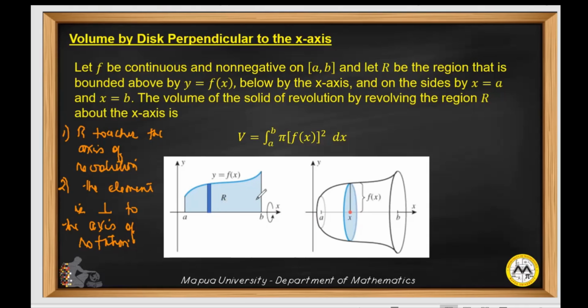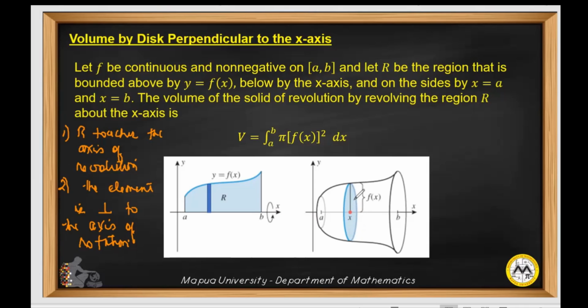Just imagine revolving this region R about the x-axis. If we revolve this region R about the x-axis, then this solid is formed. And if we focus on the rectangular element, which is perpendicular to the axis of revolution and touches the x-axis, we can form a circular disc.